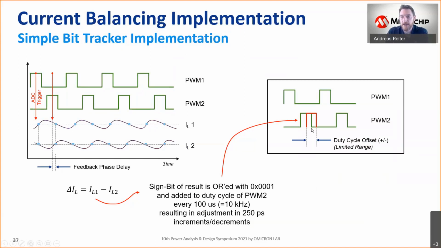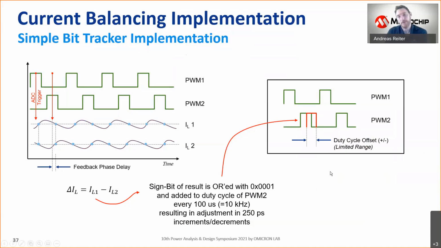And then we have a range limiter. So should anything go wrong with the current feedback signals, we don't drop the duty cycle completely or crank it up to 100%, so that it's just staying within an allowed current balancing range. With every current balancing step, we are incrementing or decrementing this duty cycle offset in the second phase. So it means it never reaches a stable point.